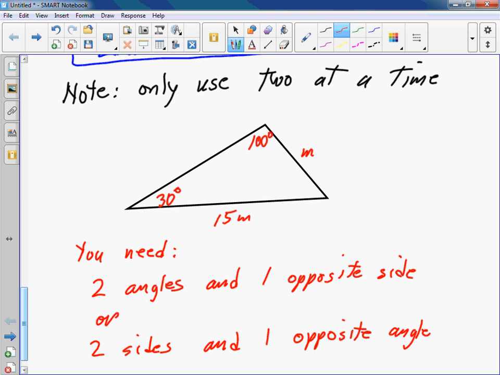Okay, so this is a situation where you use law of sines. Okay, so what do we have? We have 2 angles and 1 opposite side. We're good to go. Okay, this will work.